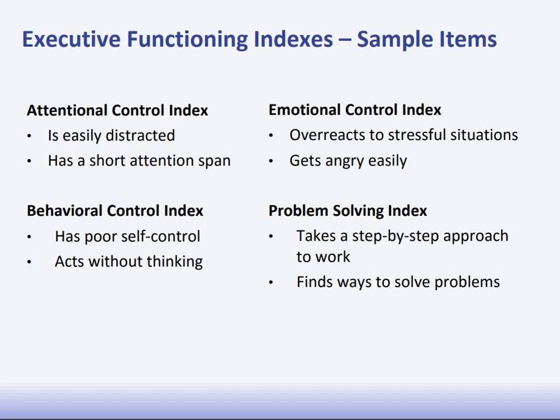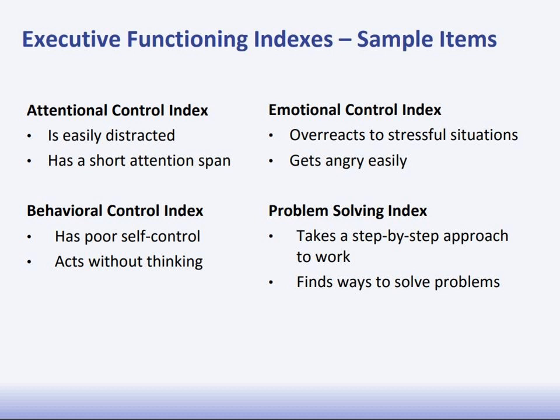Okay, here are some of the types of items that are included in the executive functioning indexes and the indexes themselves. So there's an overall executive functioning index, and that is made up of an attentional control index, an emotional control index, a behavioral control index, and a problem-solving index.